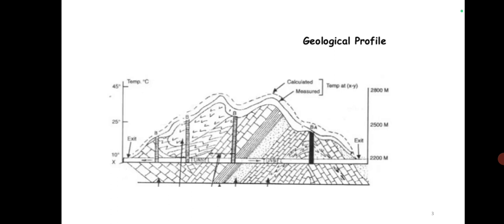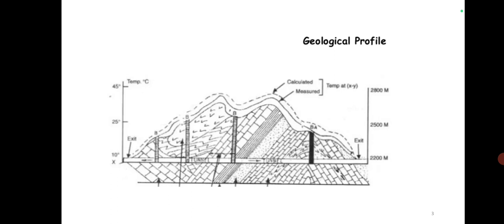When all the geological information gathered from the preliminary and detailed surveys is plotted along a longitudinal section with the axis of the tunnel as the section line, we get this figure, and this is called the geological profile.